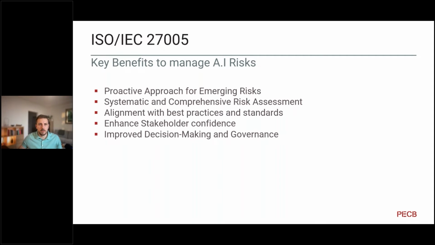Yeah, so ISO 27005 is very, very important, especially when you're talking about managing artificial intelligence risks, because a proactive approach for emerging risks really starts with identifying the risks. And as we started off the presentation with the use cases, they are very important, because artificial intelligence has a very wide application.